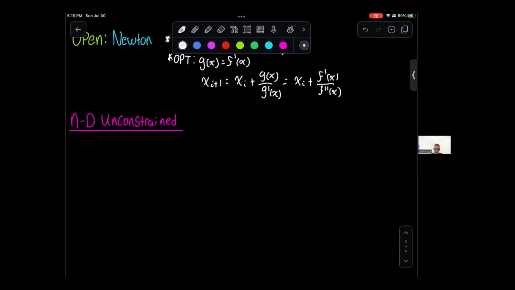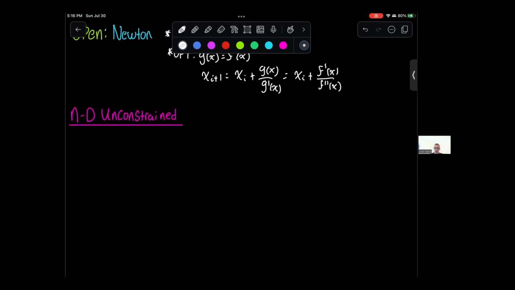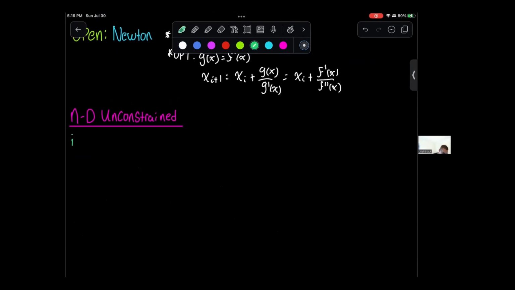So for ND unconstrained, there's two different methods, your direct methods and your gradient methods. The direct methods are not very accurate. They're also non-gradient methods. So there are two direct or non-gradient methods. The first one is a random search.